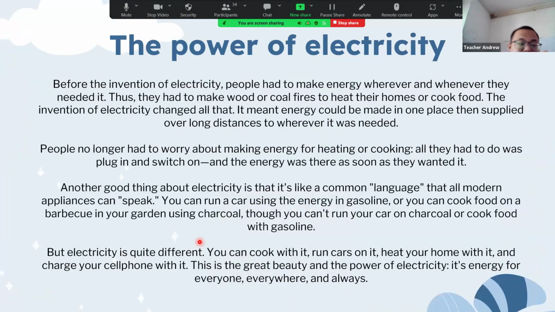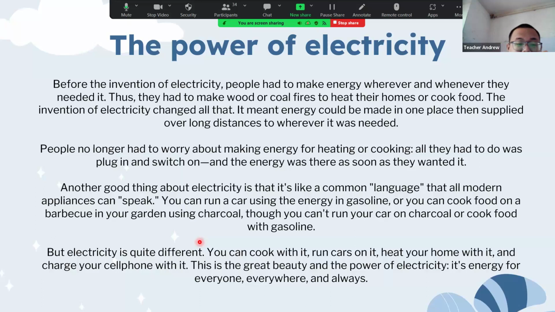All right. So now, after a short overview of how we use power to make a magnet, what the conductor and insulator are, and some safety tips, let's look at the power of electricity. Before the invention of electricity, people had to make energy wherever or whenever they needed it.